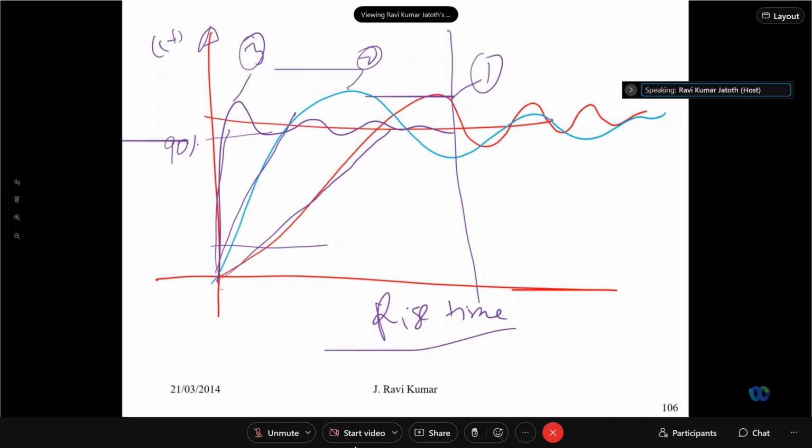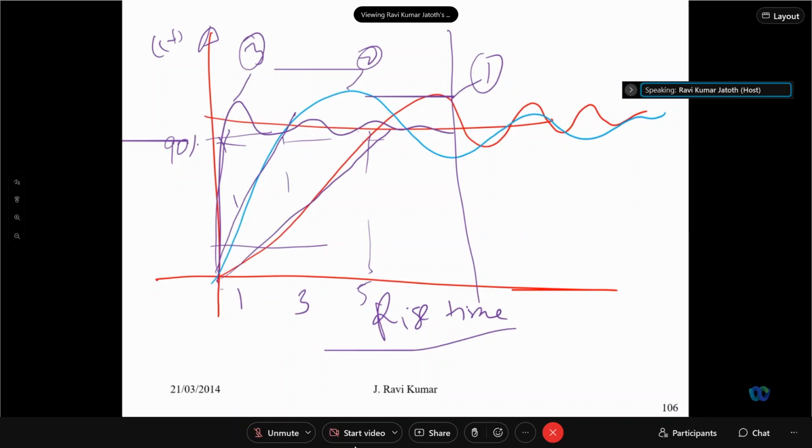I repeat, rise time is defined as the time taken by the response to reach 10% to 90% of its final value. Now let us take here, to go up to 90%, it is taking 5 seconds. Now let us take it is 3 seconds. And this is taking, let us take, 1 second.